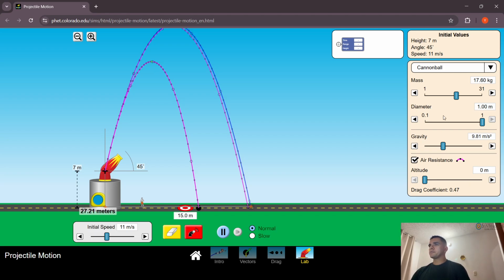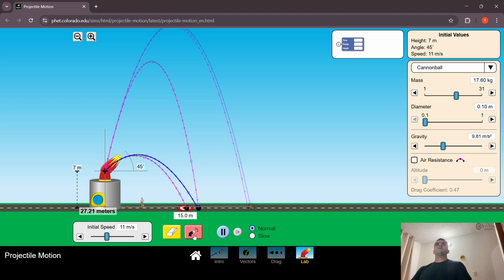And when I shoot it, we can notice basically this is the trajectory. Now, if I remove the air resistance and also the diameter, and I shoot it, this distance is going to increase.